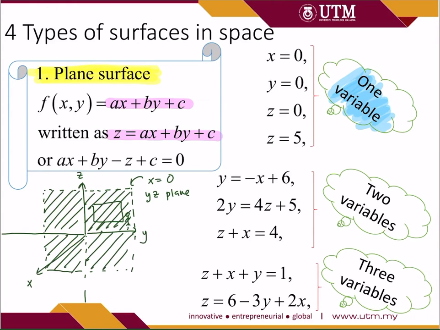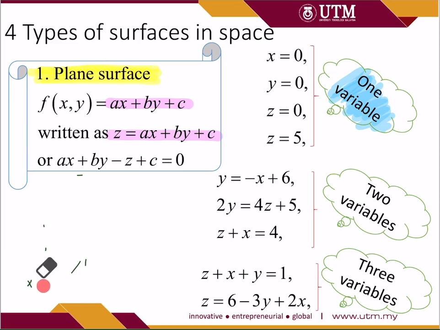How about y equal to 0? For y equal to 0, how do you want to sketch that? You have y, x, and z. So y equal to 0 is basically, if you still remember, a side wall.